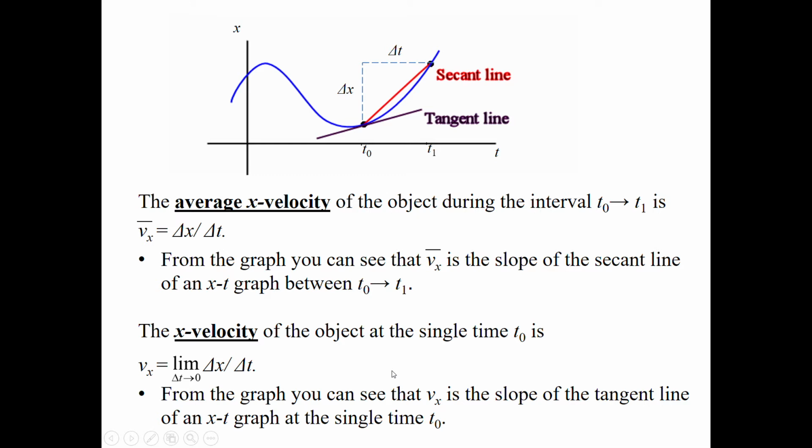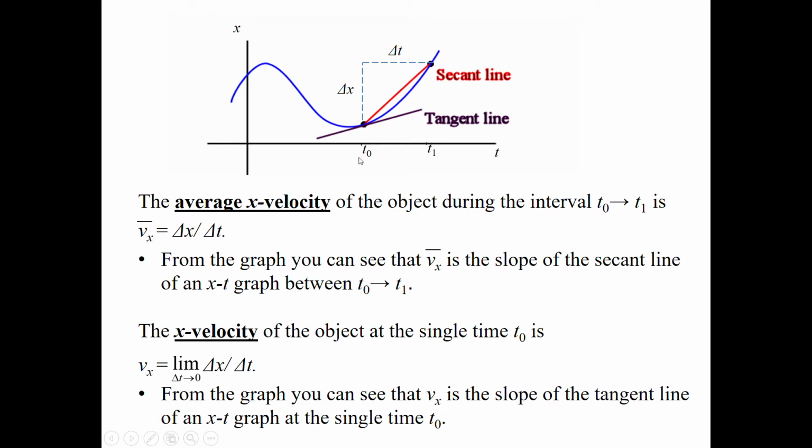Okay? And so here's the definition. The x velocity at time t0 is just the average x velocity computed over a very small time interval. And graphically, it corresponds to the slope of the tangent line of an x versus t graph at the particular time that you're interested in it at.